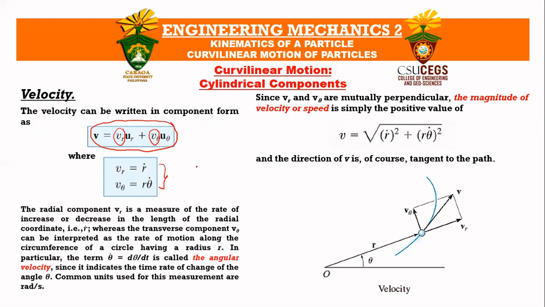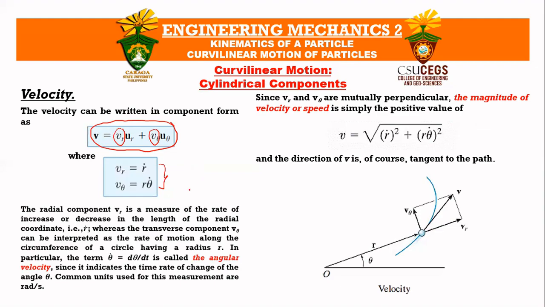The radial component vr is a measure of the rate of increase or decrease in the length of the radial coordinate, whereas the transverse component v theta can be interpreted as the rate of motion along the circumference of a circle having a radius r.